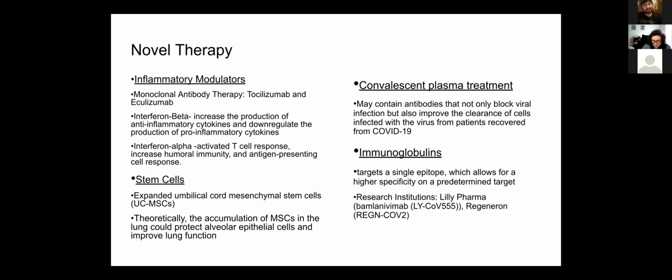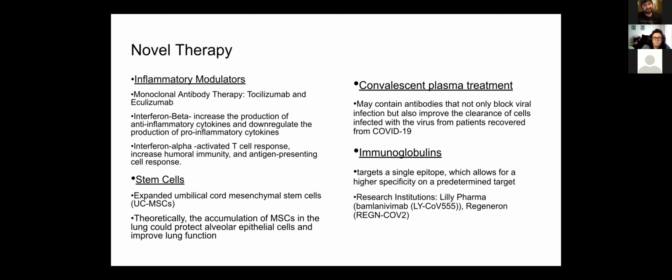Because of the blockage of the receptors, it downregulated cytokines, and it improved clinical outcomes in patients that had severe COVID. That's been helpful. Those are just some results I wanted to put out there.